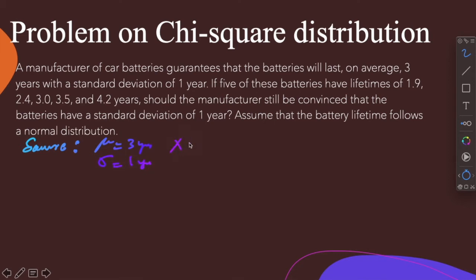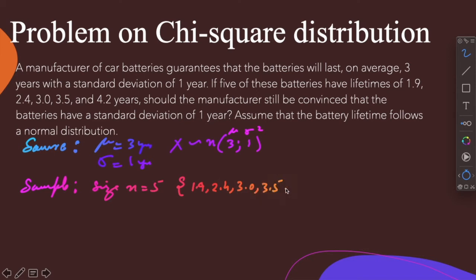So this x, which is the battery life, belongs to a normal distribution N(3, 1), which is mu and sigma square. Suppose 5 batteries are tested, sample size n equal to 5, with a set of values 1.9, 2.4, 3.0, 3.5 and 4.2.